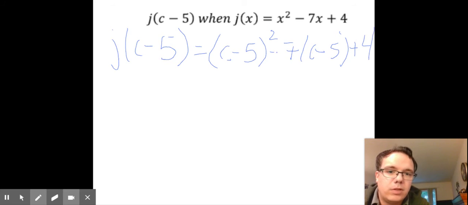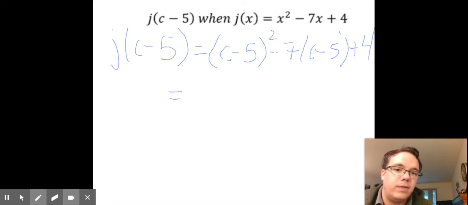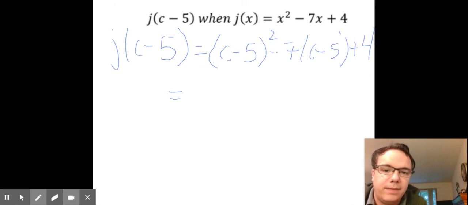All right. So I just took every x and replaced it with c minus 5, and now we have to simplify. Now our answer is not going to be a number. It's going to be an expression because there's no way for us to get rid of those c's. So remember to take c minus 5 squared, I'm going to have to box or FOIL, which is just the fancy way to use the distributive property. So c times c is c squared.